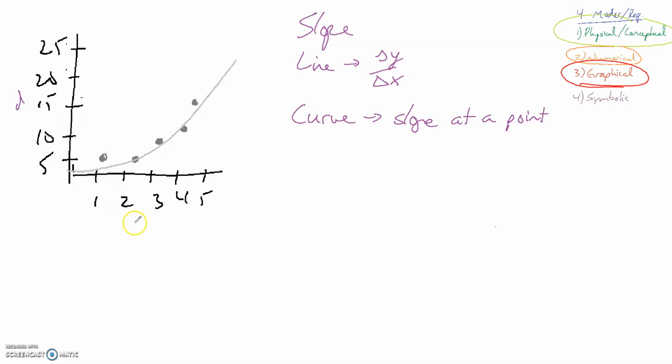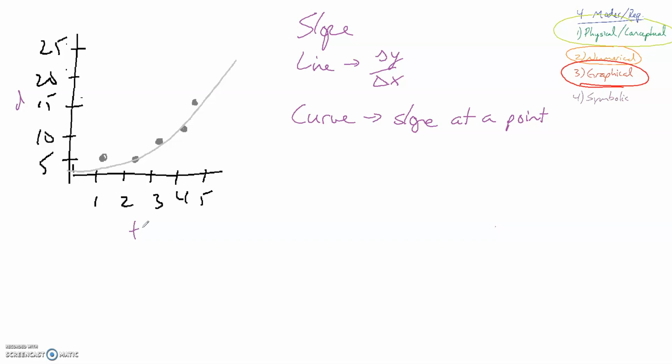If this was a distance time graph, you guys remember that slope on a distance time graph is speed. And of course, in a distance time graph like this, a straight line, that just means constant speed. But in a distance time graph that's curved like this, you guys remember that means it's going faster and faster and faster. But there's still speed, but the speed is always changing because the slope is always changing.